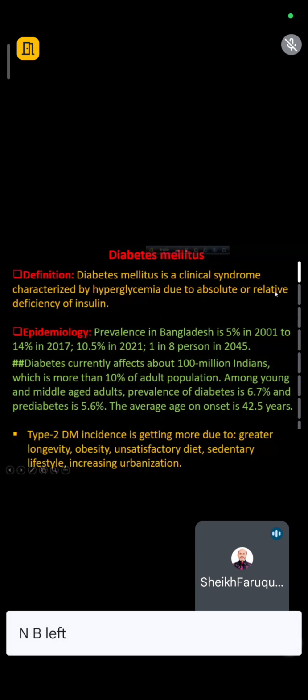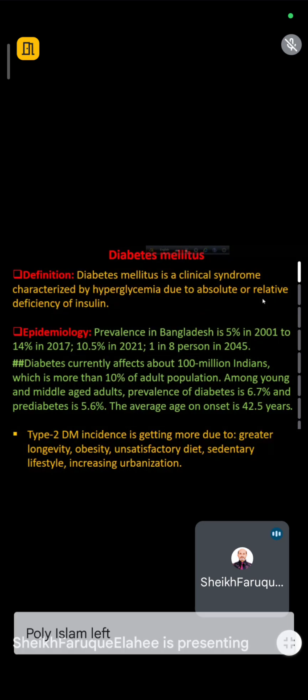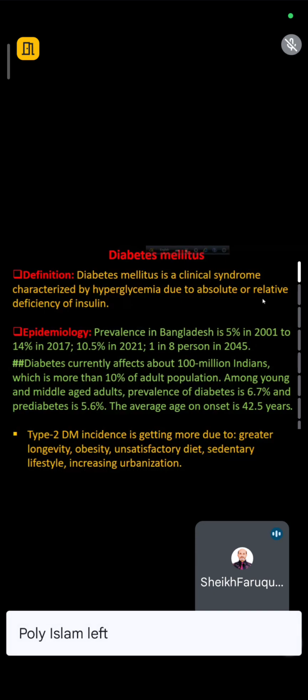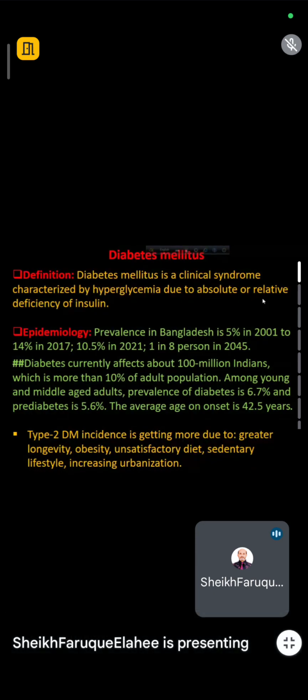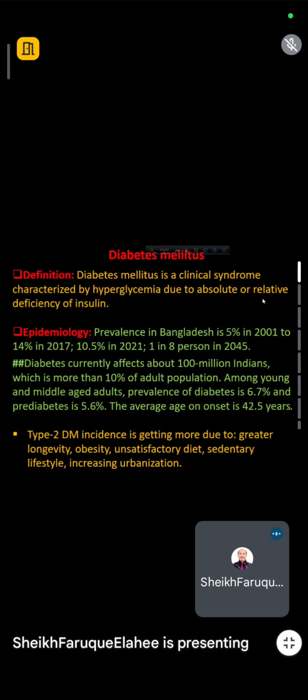And relative deficiency means there is insulin, but at the same time, tissues are resistant to insulin. That's why insulin cannot work. So this also will cause diabetes. Either absence of insulin, or insulin is there but the tissues are resistant. That's why there will be diabetes for both causes.